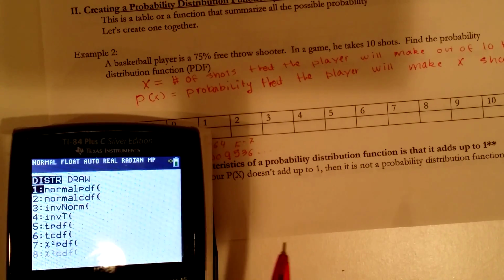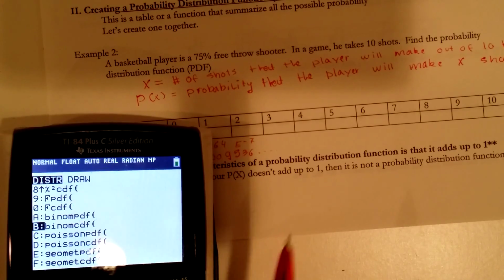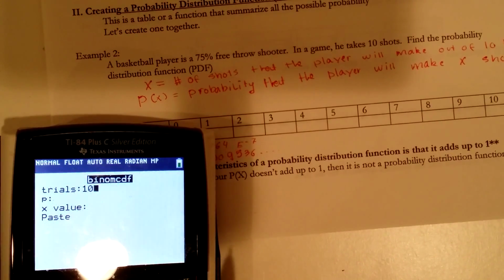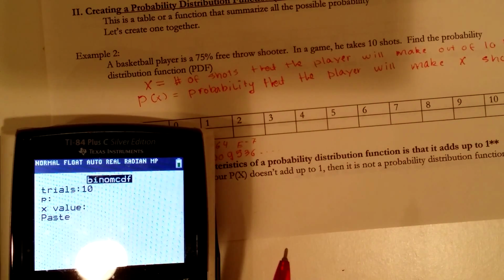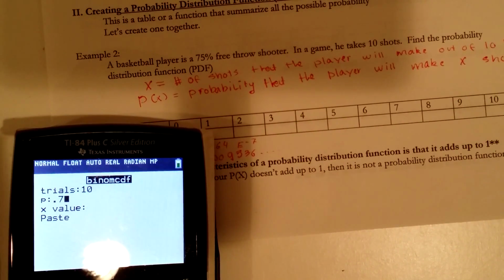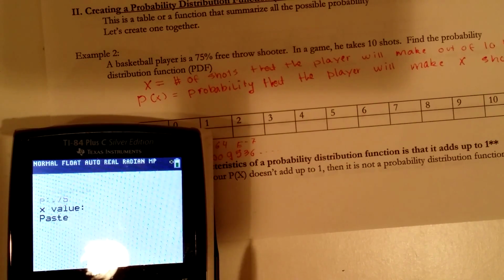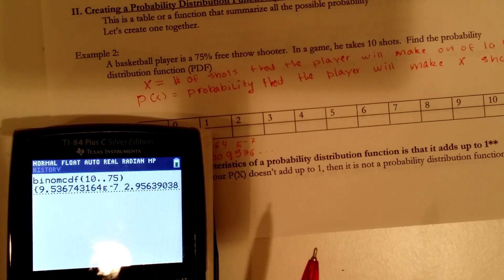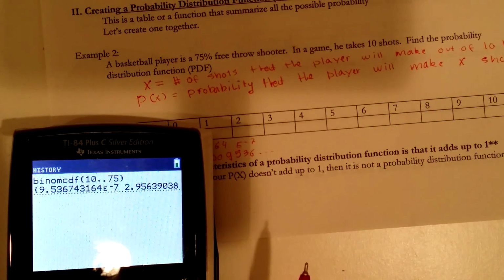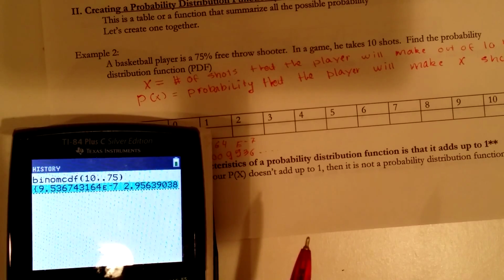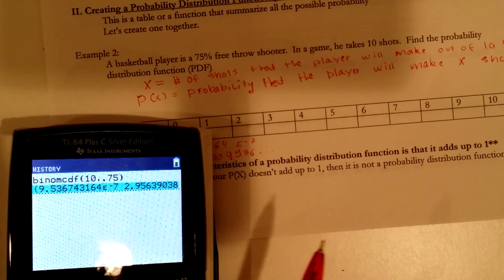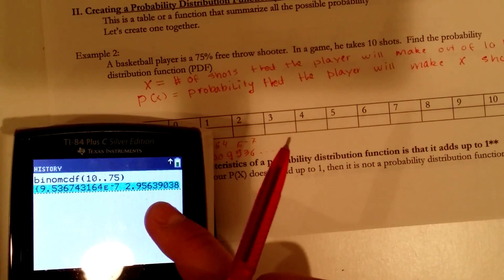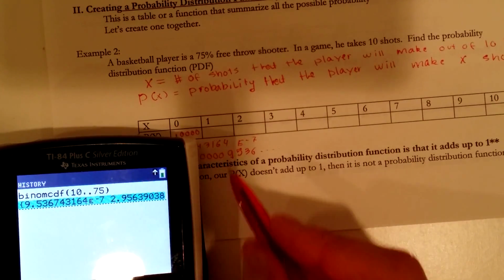I'm going to try Binomial CDF to see if I get better results. Leave that 0, paste. This still doesn't let me slide over. It's weird. Usually it lets me slide over and I get to see everything, but it doesn't. So I guess I'm going to have to do everything manually.